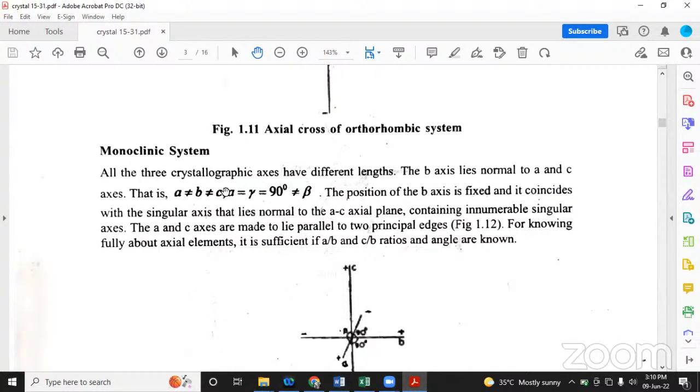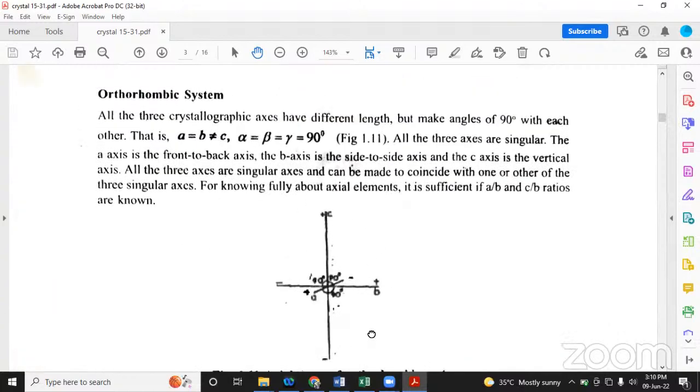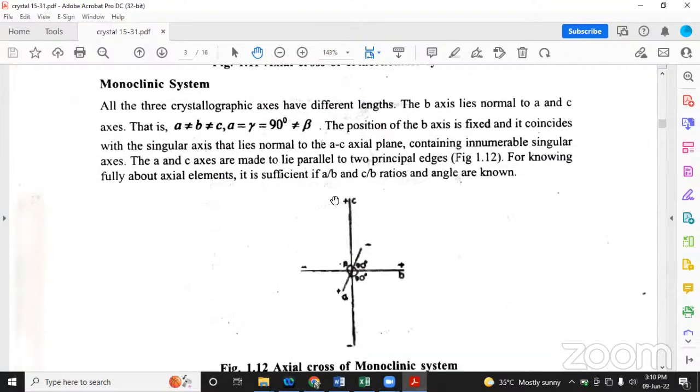In the monoclinic system, all three crystal axes have different lengths, like the orthorhombic system. But for the angles, alpha and gamma have the same angle, 90 degrees, whereas beta is a different angle, which varies, increasing or decreasing.